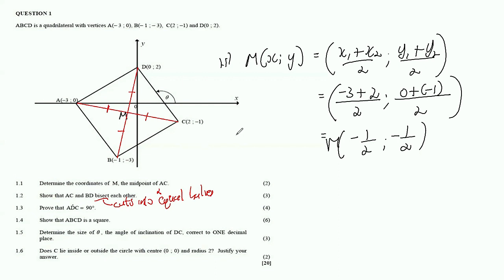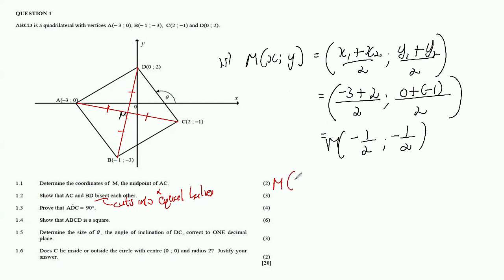So how can we actually prove that AC and BD bisect each other? We can actually go about and also calculate the midpoint of BD. If we find that the midpoint of BD is producing the same coordinates as the midpoint of AC, then this actually proves that these two lines are bisecting each other. They cut each other into 2 equal halves, right? So okay, now let's go about it.